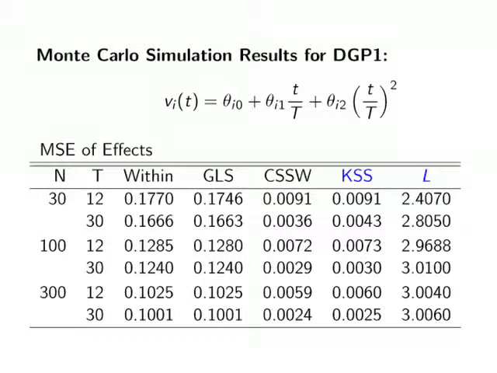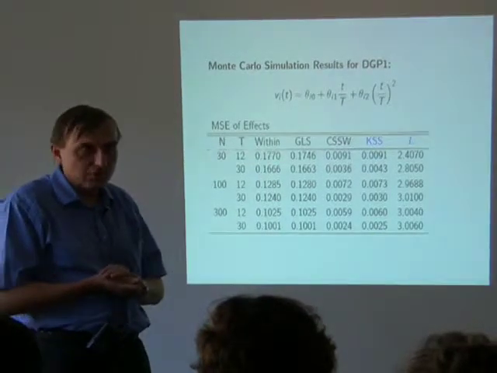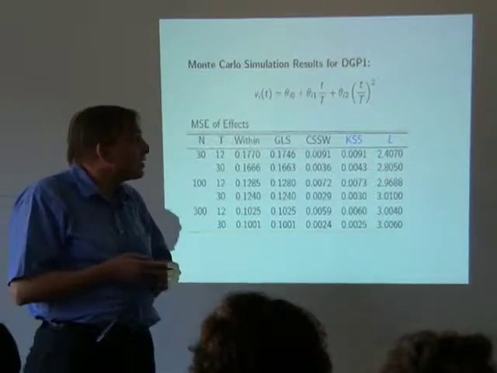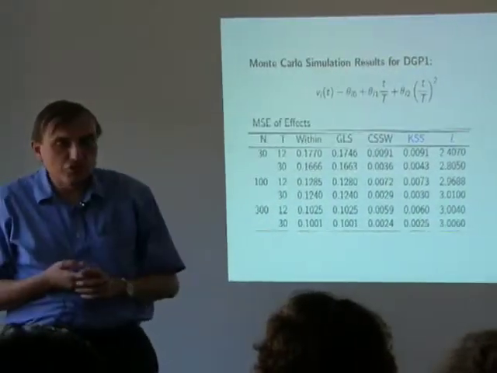Within and GLS, the usual standard panel models that assume constant effects, do not work. We cannot really approximate it. And these are the dimension estimates we get as an average over all the simulations. In each replication we estimated L, and this gives the average number of L's estimated.